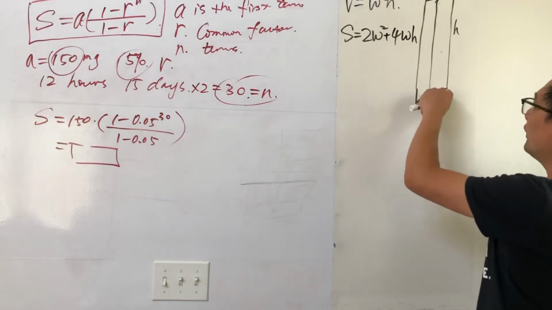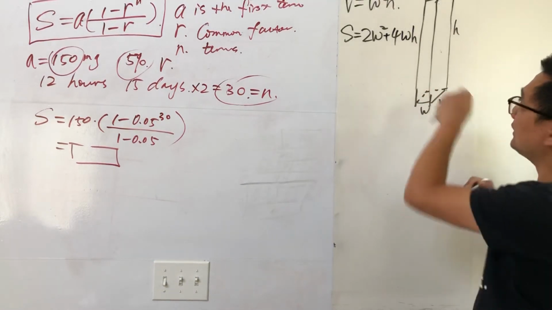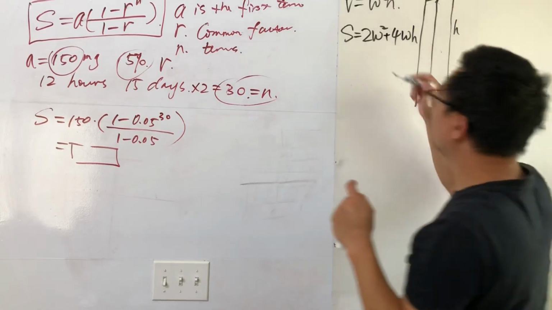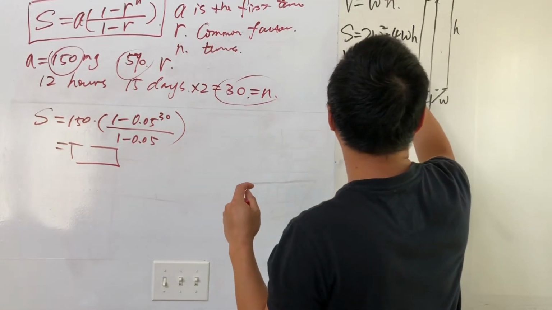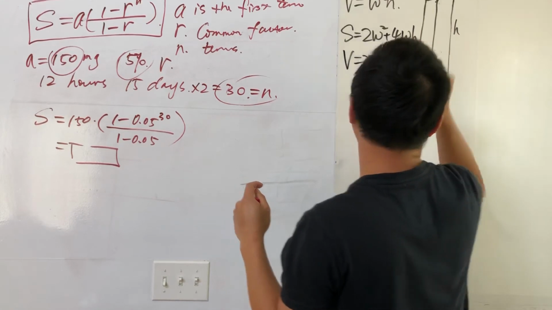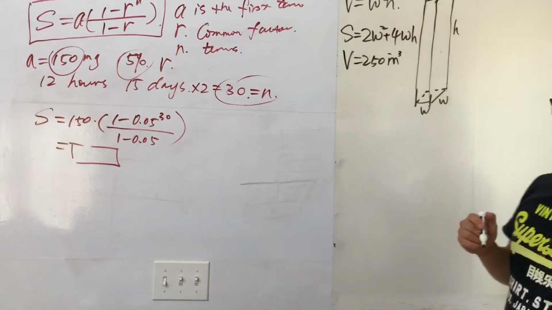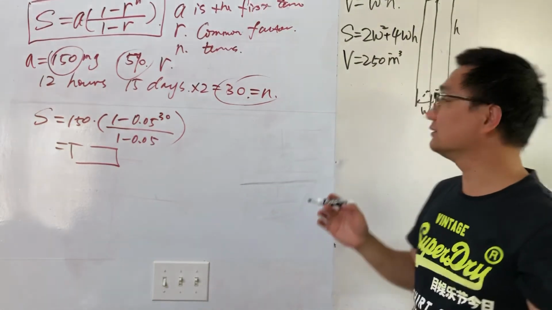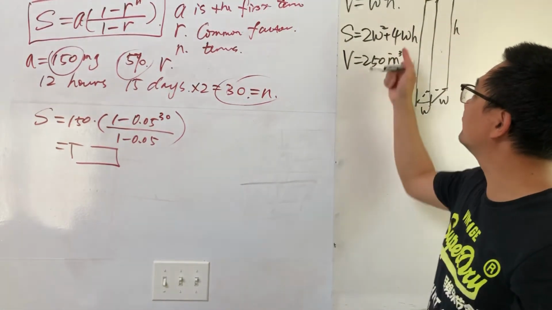W is the width of the square, H is the height of the prism. So now they give you the volume is 250 cubic inches.